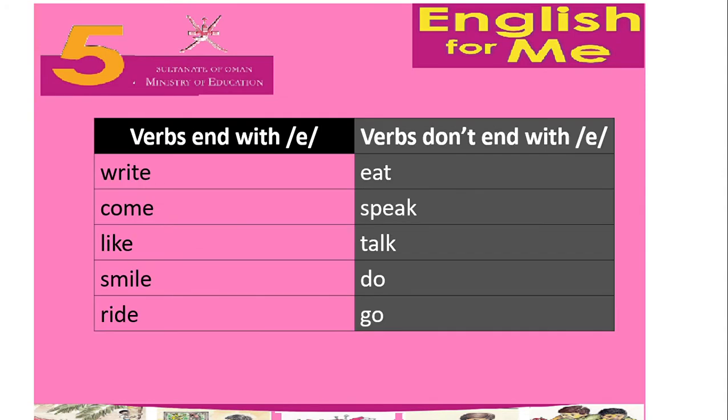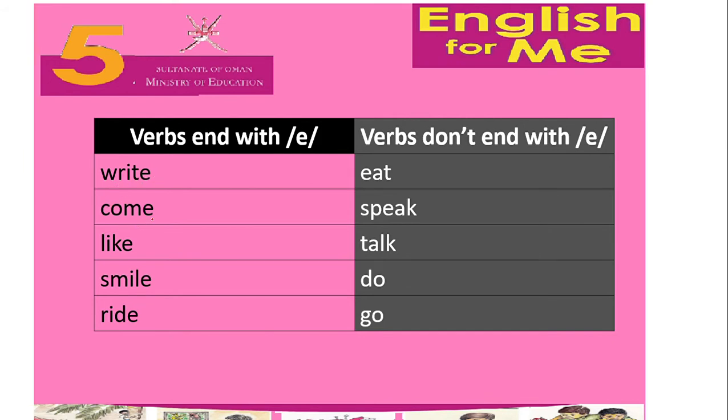Let's start. Before we go there, my students, let us look at two groups of verbs we have here. As you can see, the first group is verbs that end with e. Look at these verbs, my students. All of these verbs end with e.